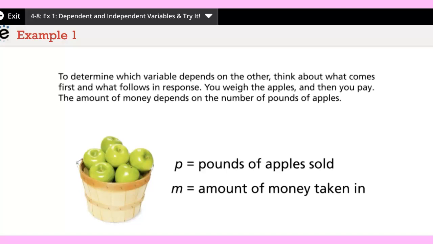To determine which variable depends on the other, think about what comes first and what follows in response. You weigh the apples, and then you pay. The amount of money depends on the number of pounds of apples. When you think about how total cost is dependent on the amount and price of items sold, you are reasoning quantitatively.